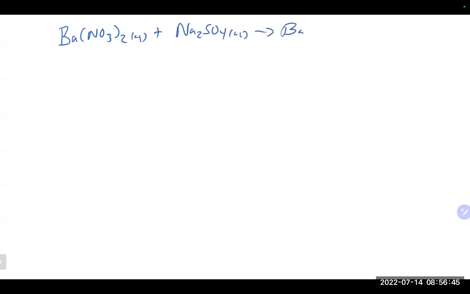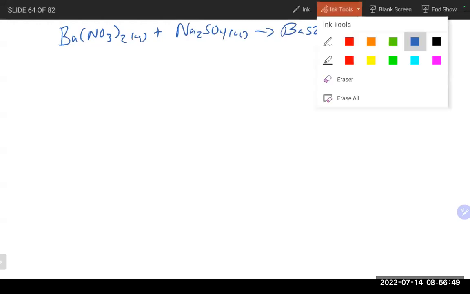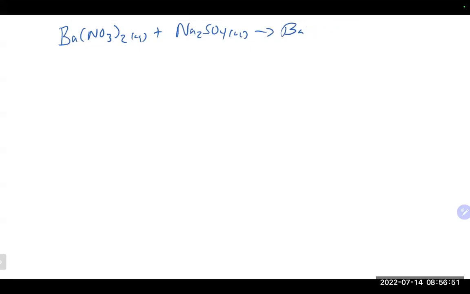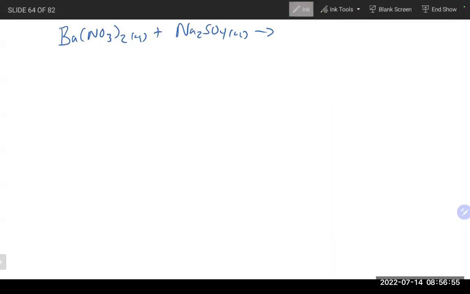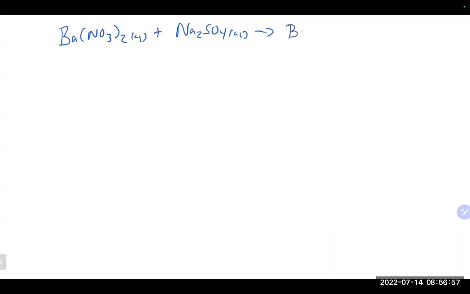So barium sulfate, that is definitely not barium sulfate. Try that again. All right, take 2, barium sulfate. That's a BaSO4. There we go. And a little sodium nitrate. And I should have a 2.